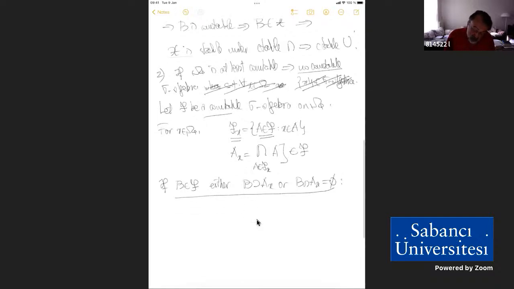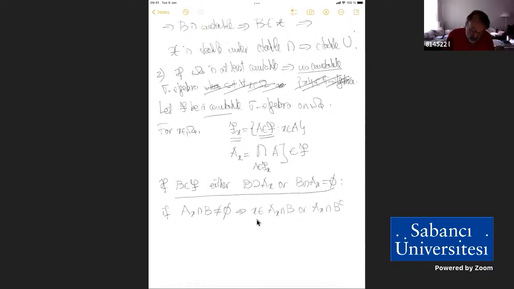Well, suppose the contrary, that Ax intersection B is non-empty. Of course, this doesn't imply that x belongs to B. But suppose that they are non-empty. Hence, in this case, x belongs either to Ax intersection B or Ax intersection B complement, because the union of the two is equal to Ax.